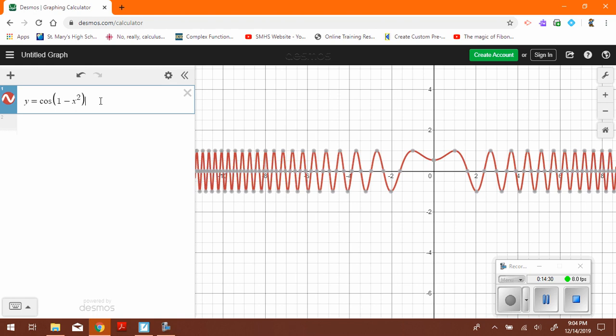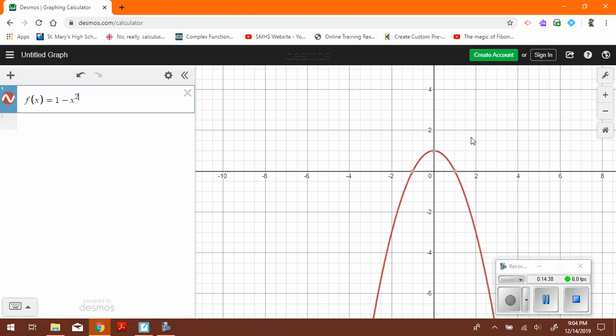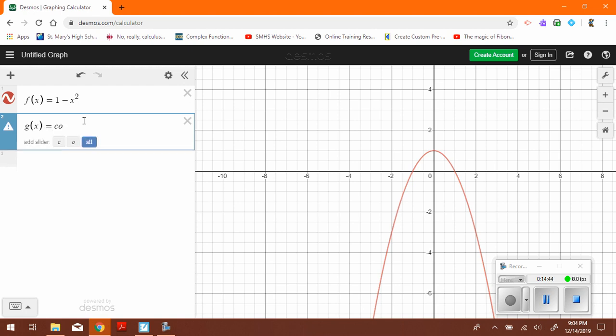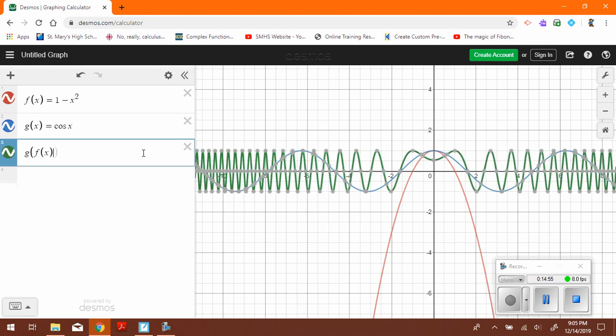What's also nice about Desmos is that we could list the functions out. f of x was 1 minus x squared, so this parabola. g of x was cosine of x. And now that function I just did was g of f of x. And there's the picture right there.